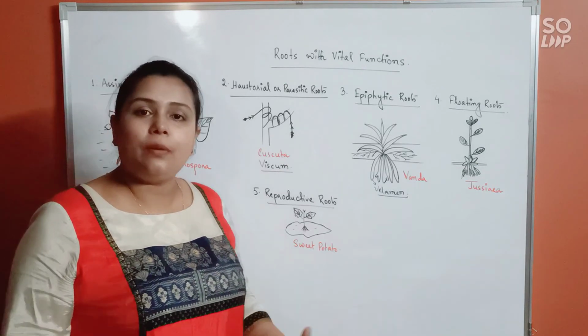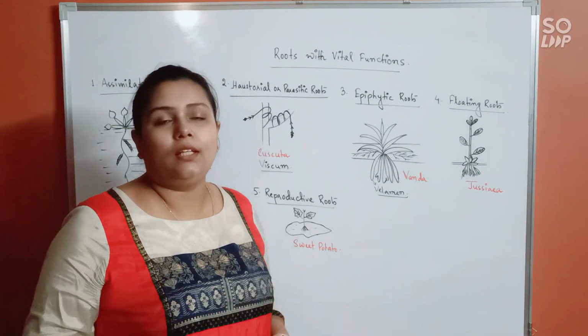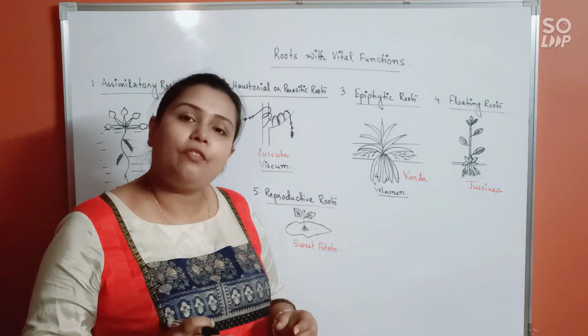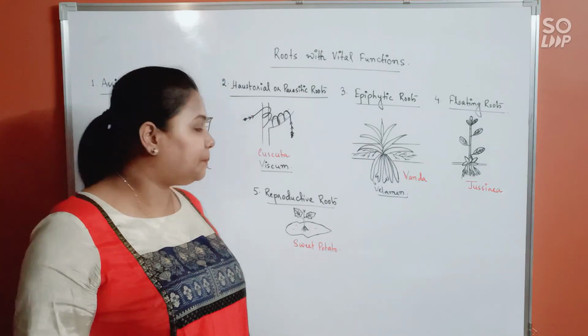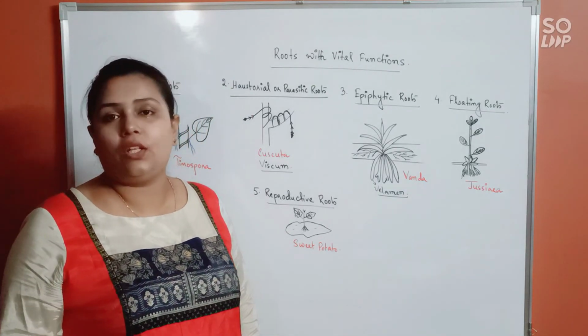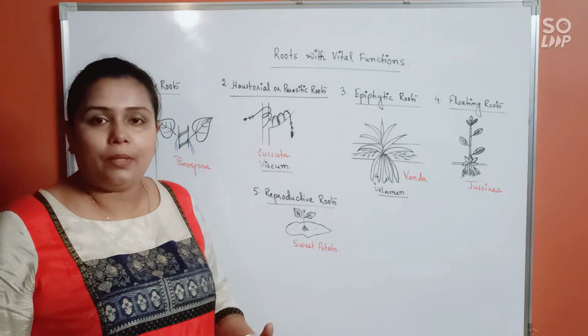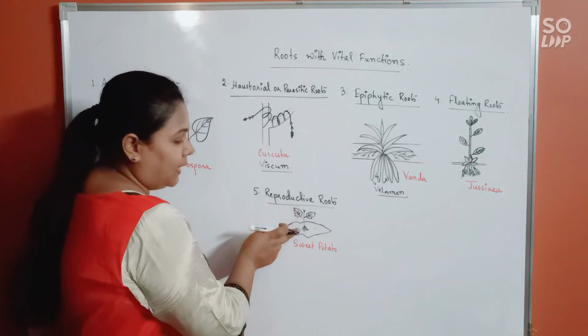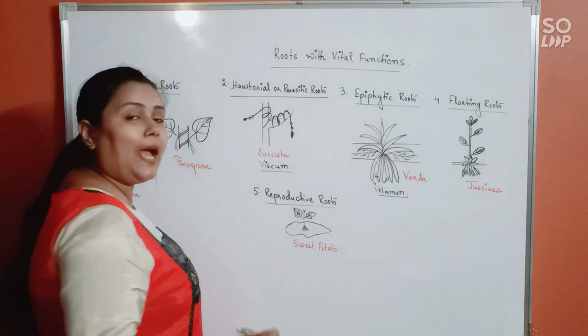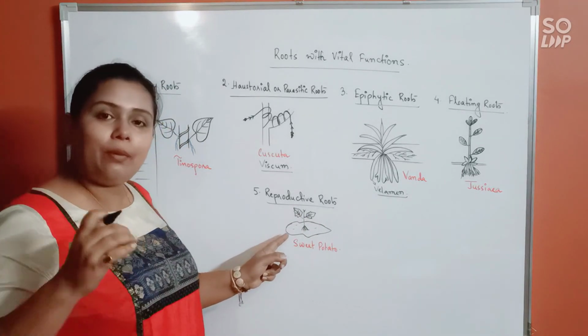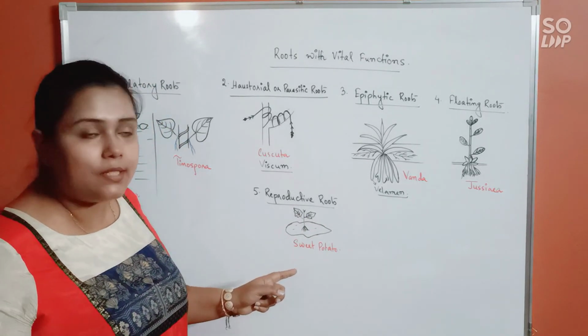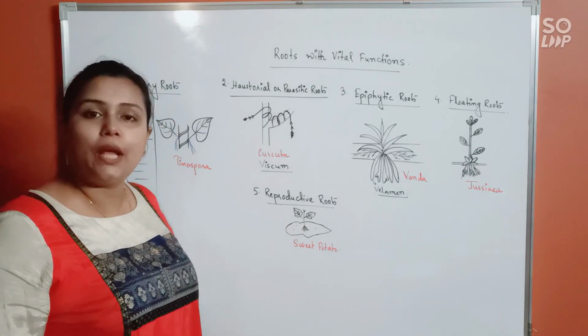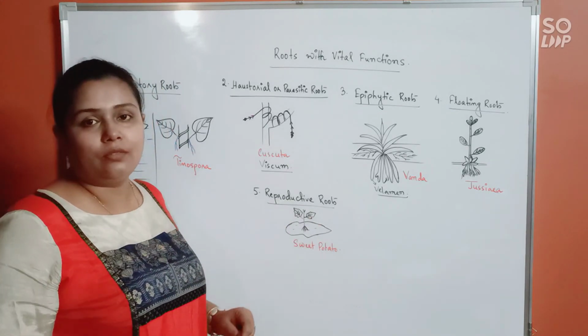So during favorable conditions, when all the factors are favorable in the surroundings of the plant, these buds present in the sweet potato will germinate, giving rise to young plants like this. So because this root is able to give rise to new young plants, the root here is known as reproductive root.